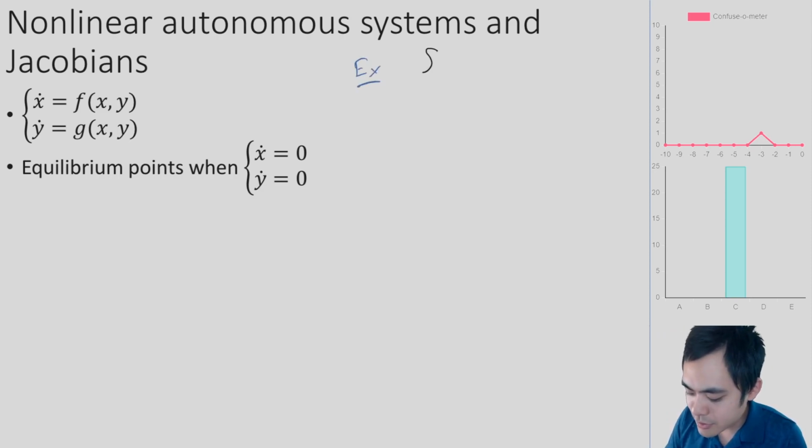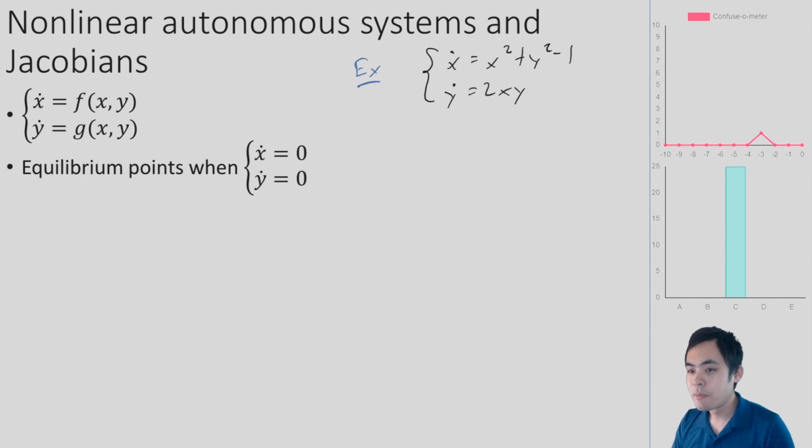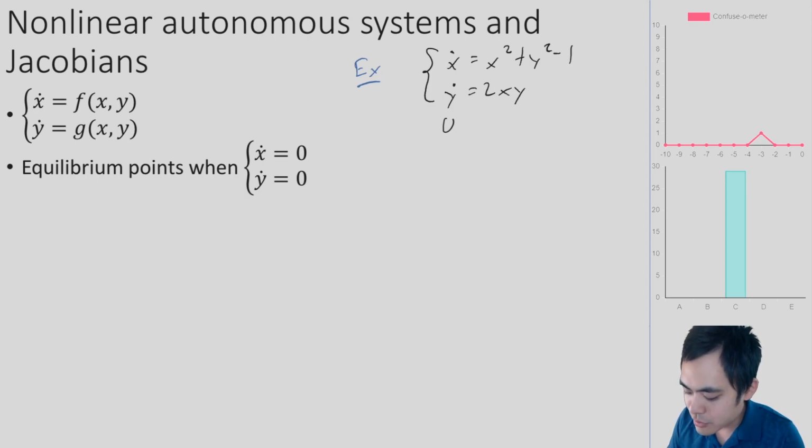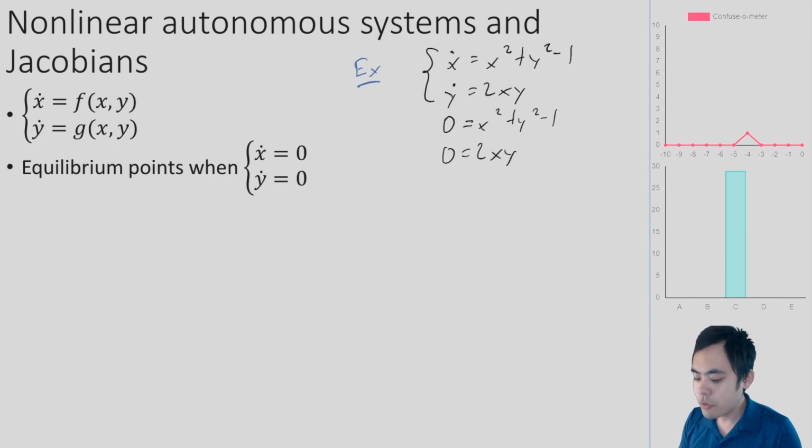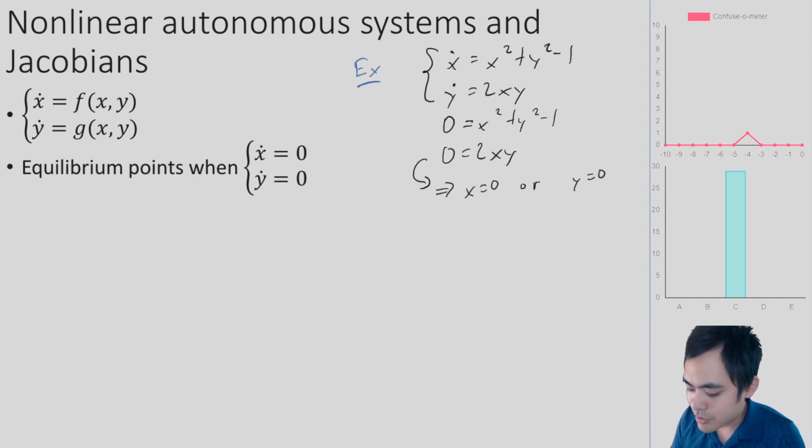Let's say we had the system x dot is equal to x squared plus y squared minus 1, and y dot is equal to 2xy. So this is clearly nonlinear. In order to find the equilibrium points, you have to set both of these equal to 0. So 0 is equal to x squared plus y squared minus 1, and 0 is equal to 2xy. Well, we know from 2xy that either x is equal to 0 or y is equal to 0.